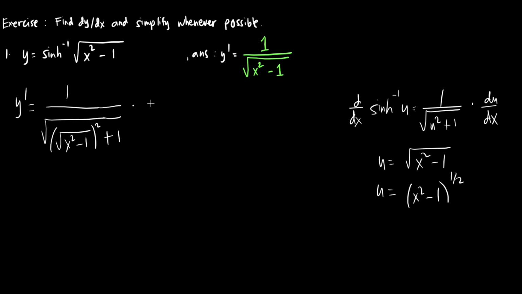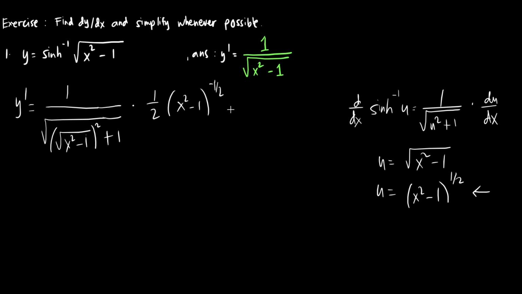Then d over dx, the derivative of u. What is the derivative of that? We have 1 half, we just copy the inside x squared minus 1, so 1 half minus 1 is equal to negative 1 half.